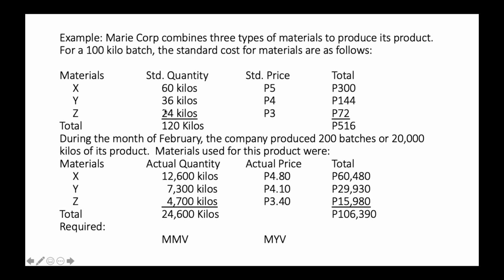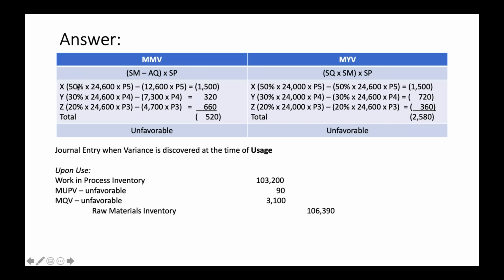And then material Z, the standard units is 24 out of 120, that's 20%. So this is the standard mixture of material X, Y, and Z, 50, 30, and 20%. That is where we get 50, 30, and 20.